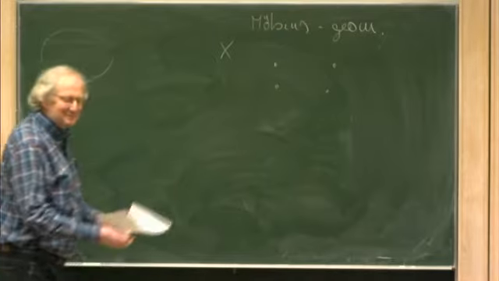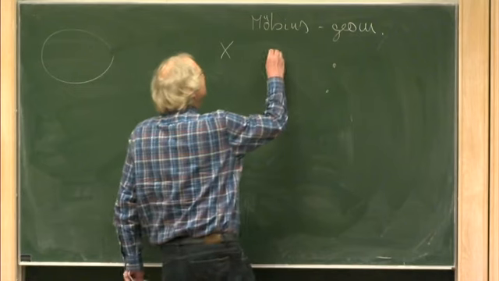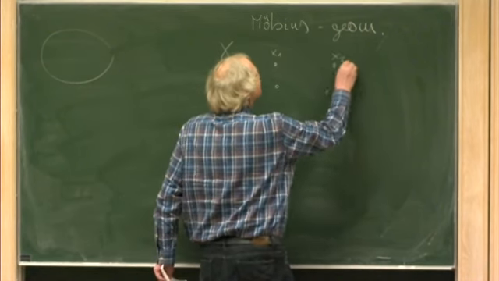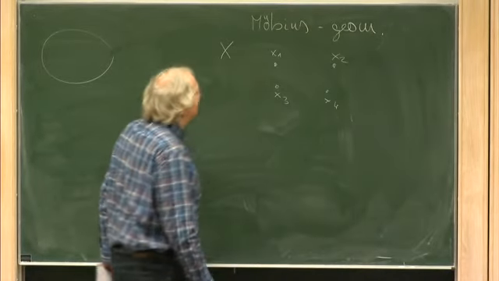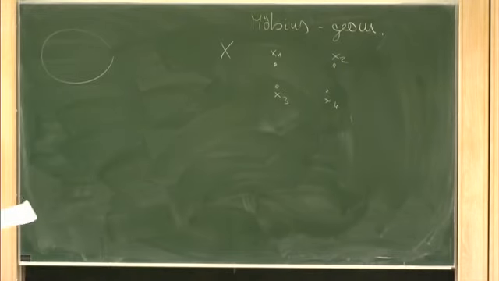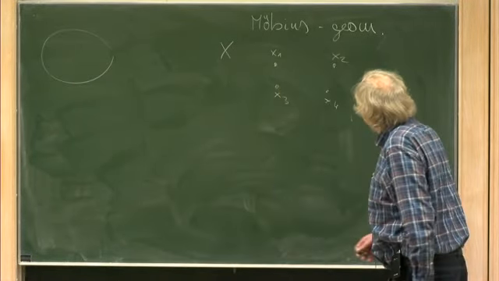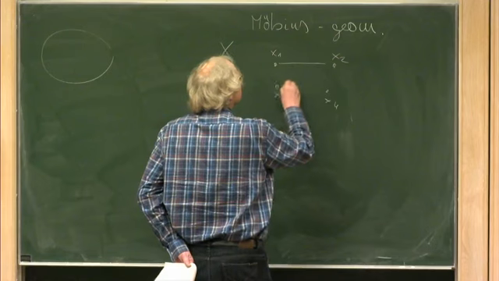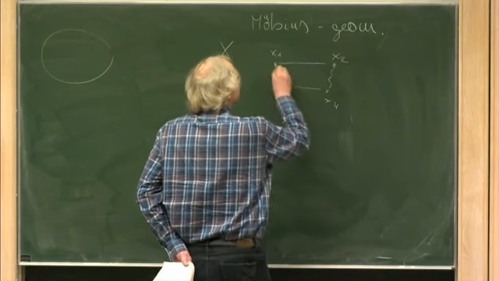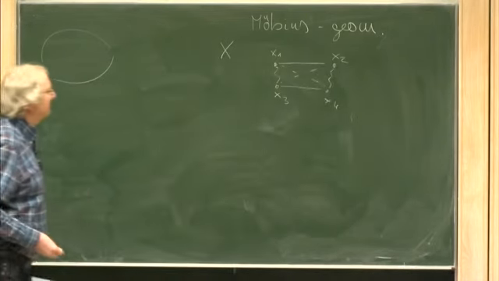In metric geometry, you study the distance between 2 points, and in Moebius geometry you study certain relations between 4 points, and it has to do with some kind of pairings of these 4 points, and there are 3 kinds of pairings. This pairing, then this pairing, and here the diagonal pairing in that picture.